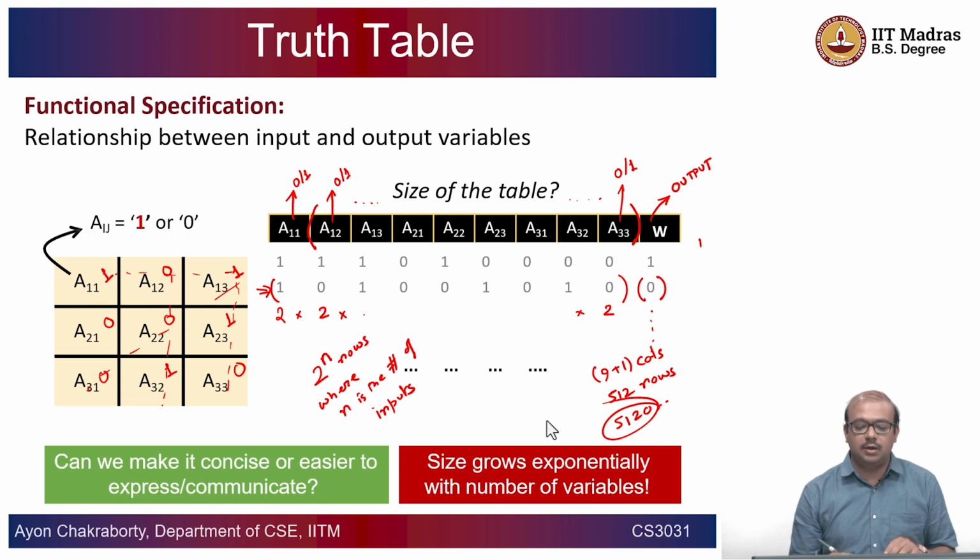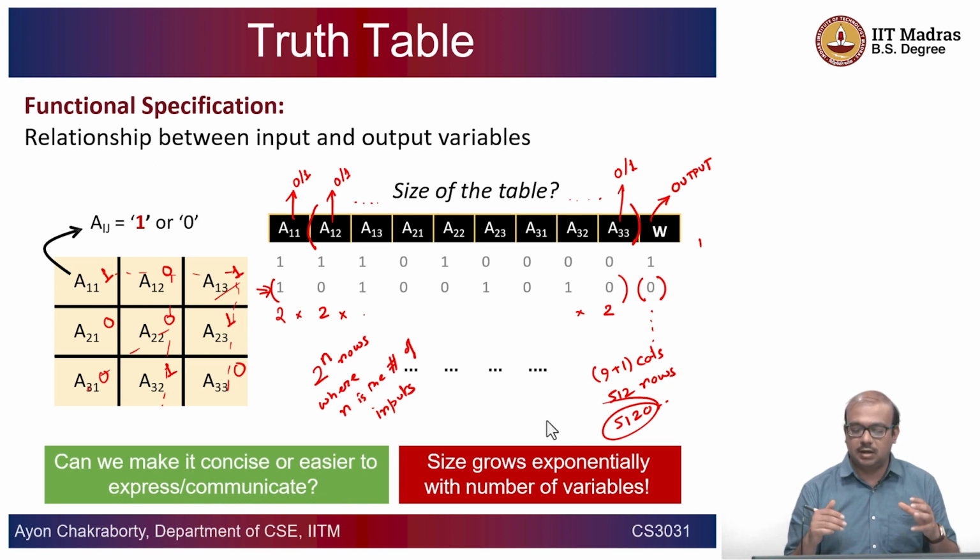If you want to hand over this functional specification even to a colleague who is going to take up the design, this is not an efficient way to do it. And we cannot use natural language because it could be ambiguous. We have to come up with a representation in the language of mathematics that is not ambiguous. So the target is, can we make this concise or easier to express or communicate?